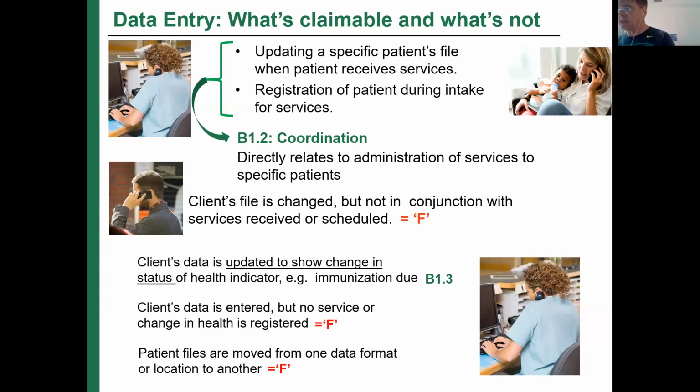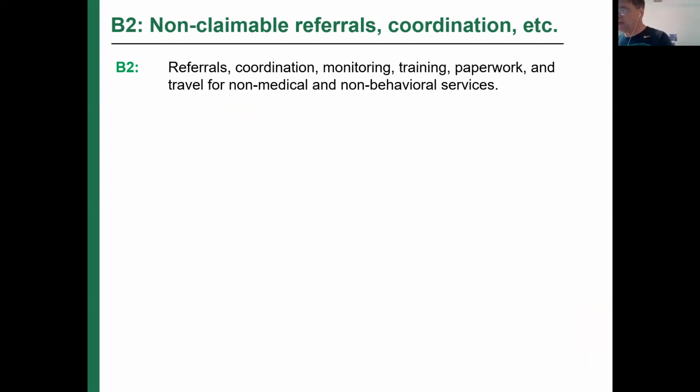We spent a lot of time discussing the B1 subcodes. We'll now say a fairly brief word on the other side of the B activity coin, the non-claimable B2 code. This is the code you'll use to show time you spend on any referrals, coordination, monitoring, training, and travel or paperwork that connect clients with services that are not medical, not related to behavioral health, or not having to do with substance abuse.